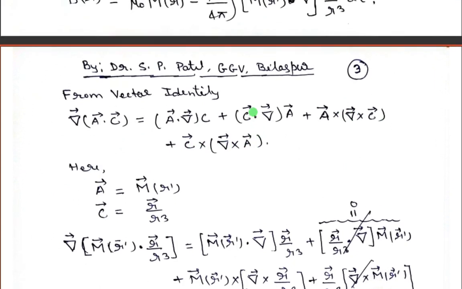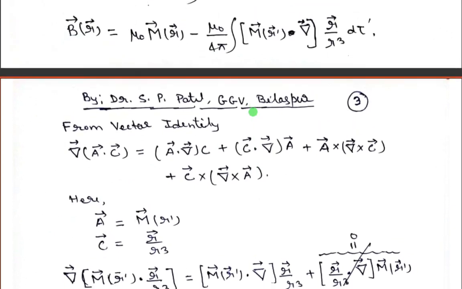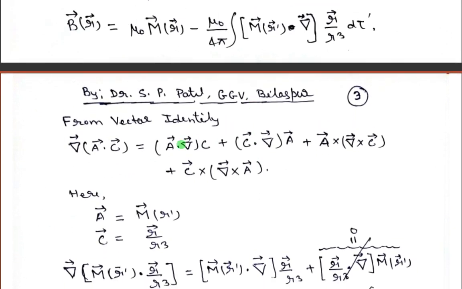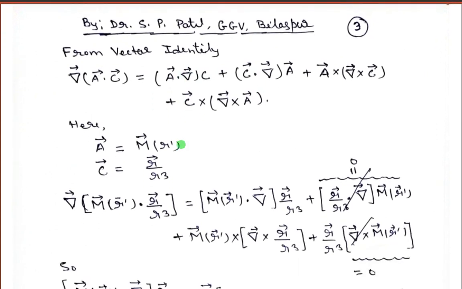Now if you compare with our value here, let us say vector A is equal to capital M, which is a function of r prime, and vector c is equal to r vector upon r cube.